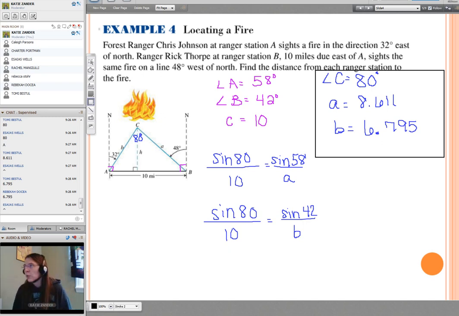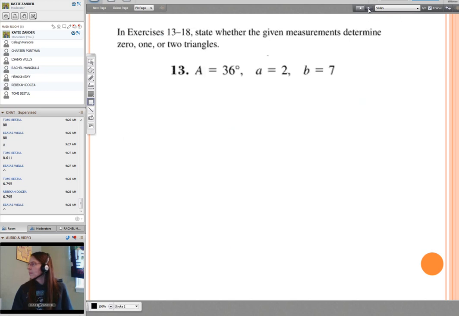Questions with that one using our law of sines? Okay. Then we've hit kind of that point where it's just practice from here on out. So it says state whether the given measurements determine if there's 0, 1, or 2 triangles.